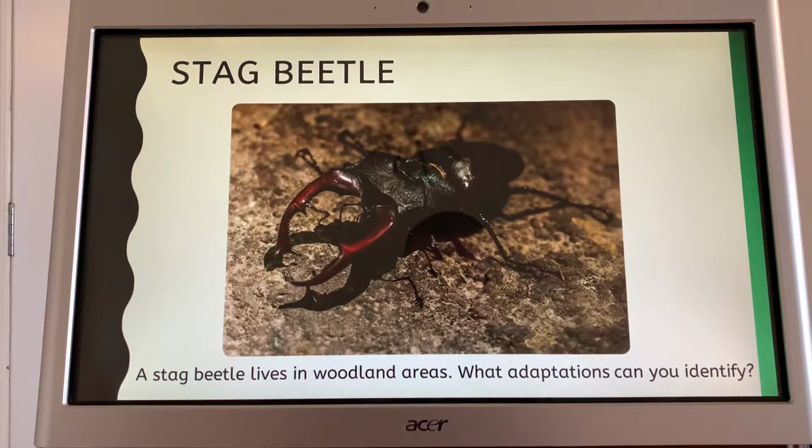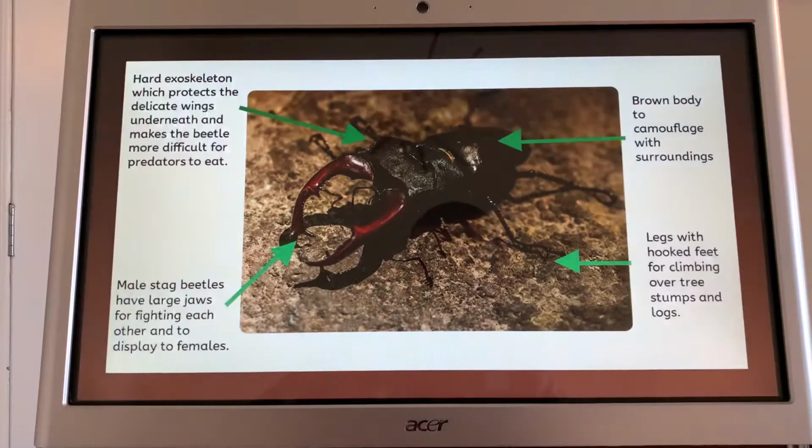can you see any adaptations that may have taken place over years and years and years of evolution? Let's have a look. Now you can see the hard exoskeleton, which protects the delicate wings underneath and makes the beetle more difficult for predators to eat.